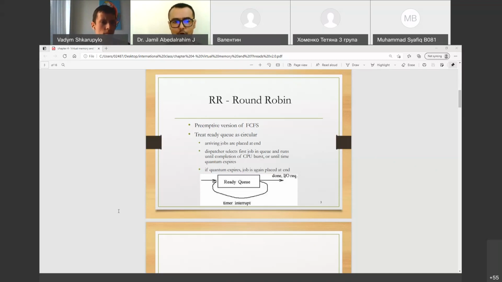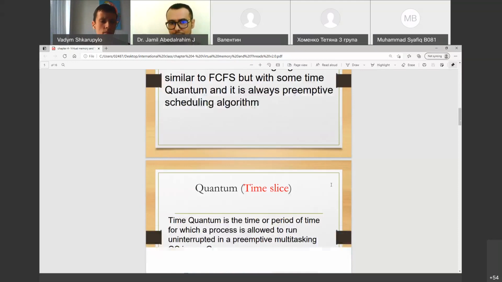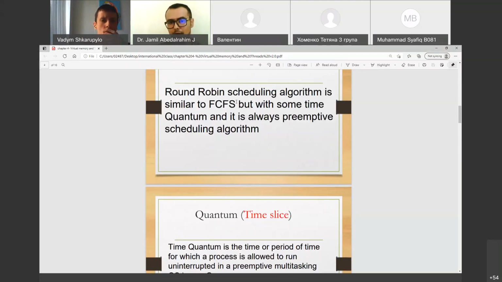For scheduling the processes in those types of operating systems, we use round robin. The round robin scheduling algorithm is similar to first come first serve. We have many types, like first come first serve and shortest job first, but we will talk today about round robin.